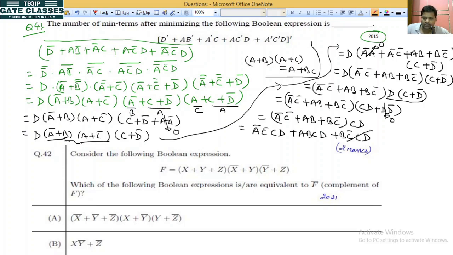So CC bar is 0, that is also 0 because of CC bar. So we will get only one term, only one min term, so the output will be 1 only. So the result will be 1. Only one min term is obtained after minimizing the Boolean expression.